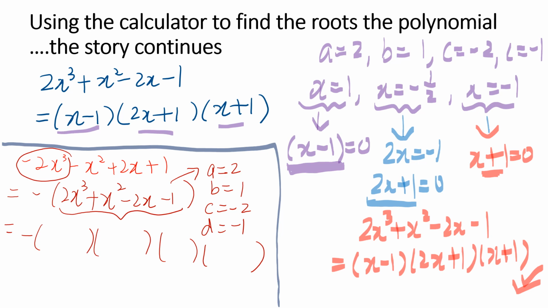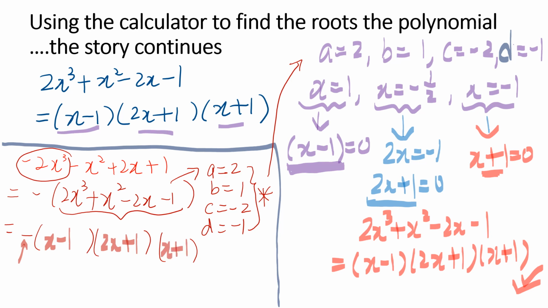Because this one here will be the same as what they've done here. Oh, sorry, this guy is D. Then you will get the correct answer, but there's a negative in front. Not so many linear factors, three only.